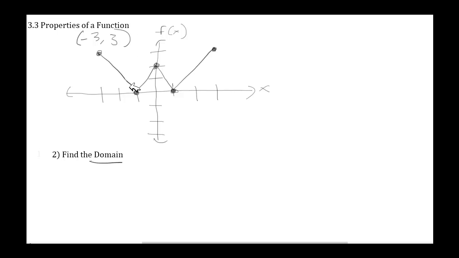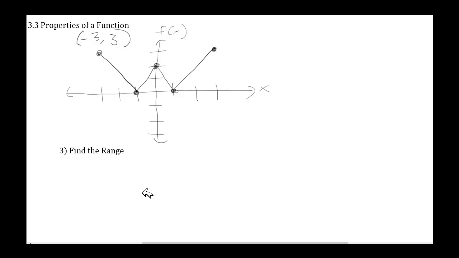So I start having x values at -3, and I close it because this is a closed circle. Then I'm looking left to right, and I stop having the function over here at 3. That is the domain of this function: -3 to 3. Those are the acceptable inputs. That's where the graph exists.